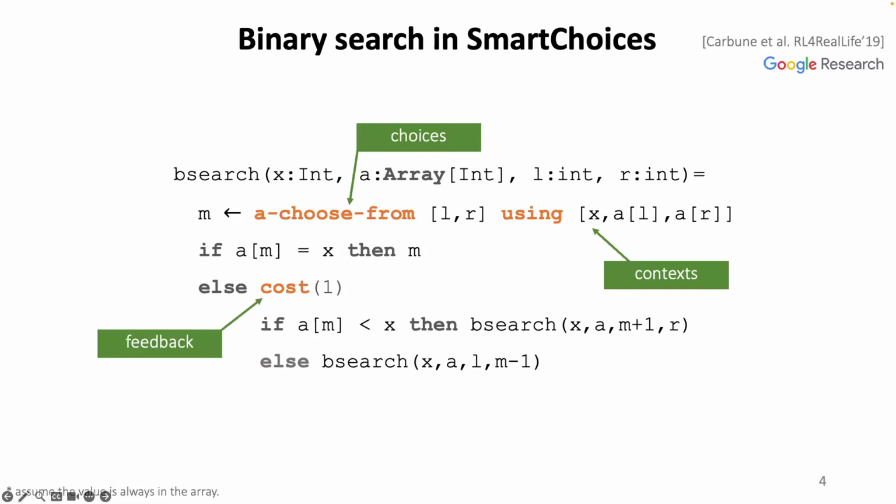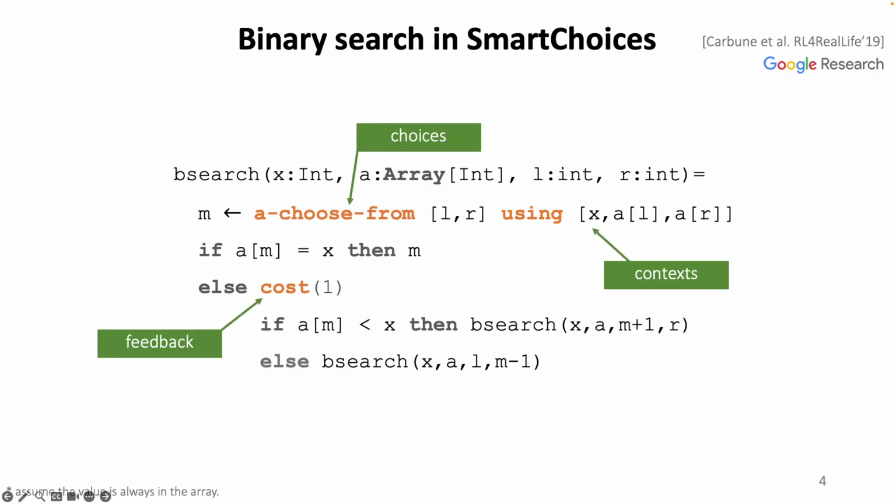In this case, the choices are basically an integer number from the range L and R, and the contexts include the value X and the values of elements at both ends of the array. And the feedback is basically the payment the program has to pay to recurse. So the underlying server should learn to perform fewer recursions in order to get better optimizations.